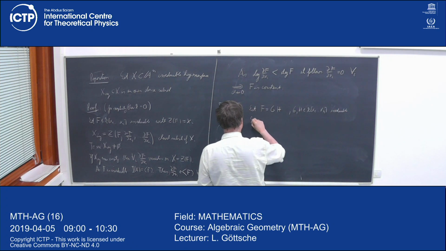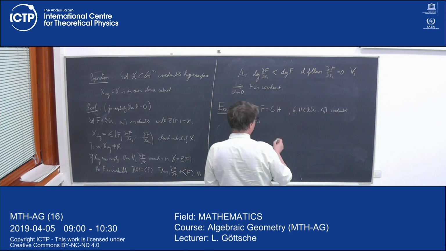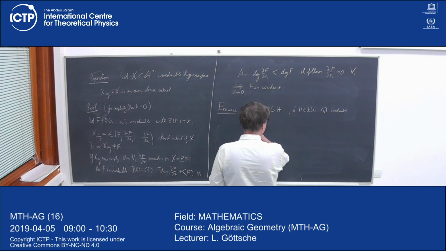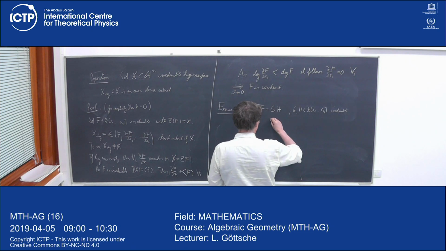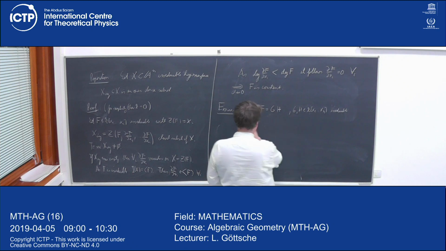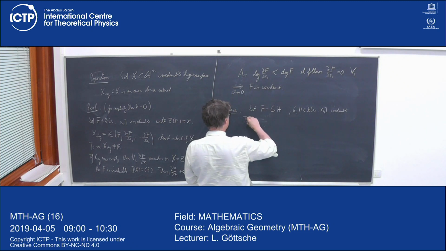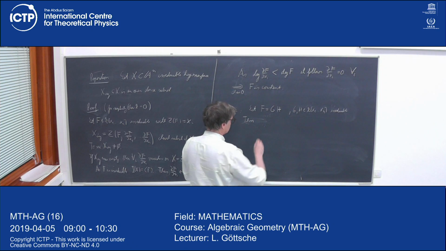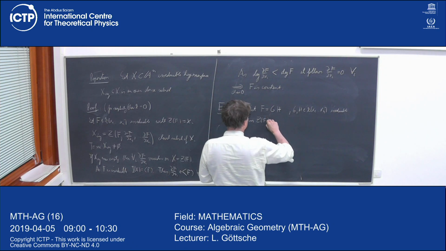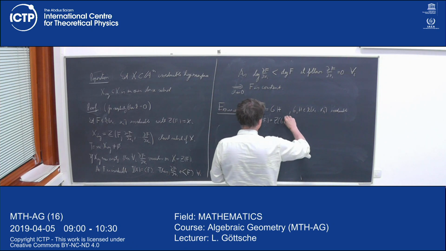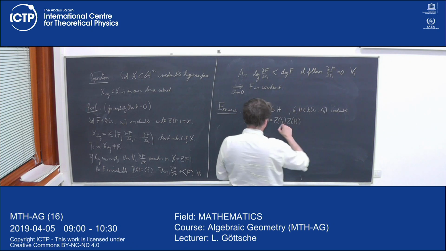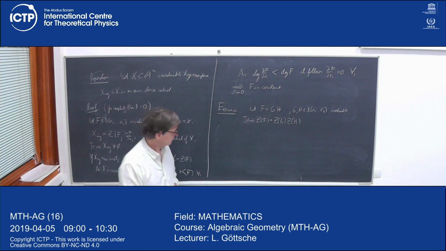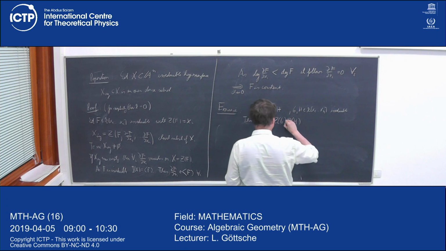Then obviously we know that the zero set of f is just the union of the zero set of g and the zero set of h, and in fact these are the irreducible components.